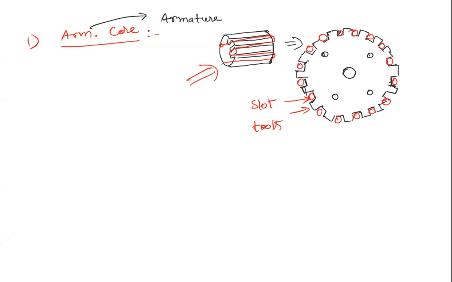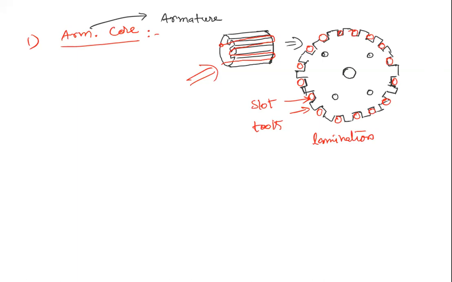Okay, understood? So this is called a lamination. A thin sheet of iron cut into this shape is called a lamination. Such laminations are joined together, right, to form a solid shape like this.